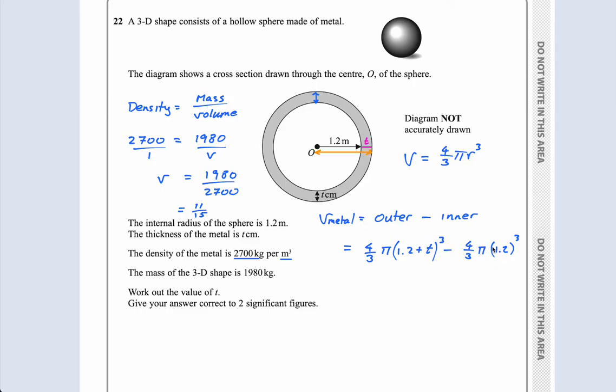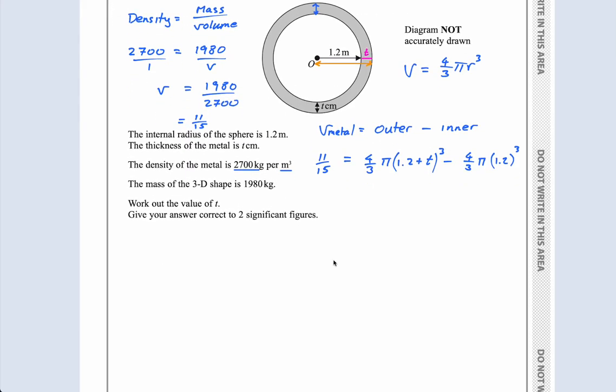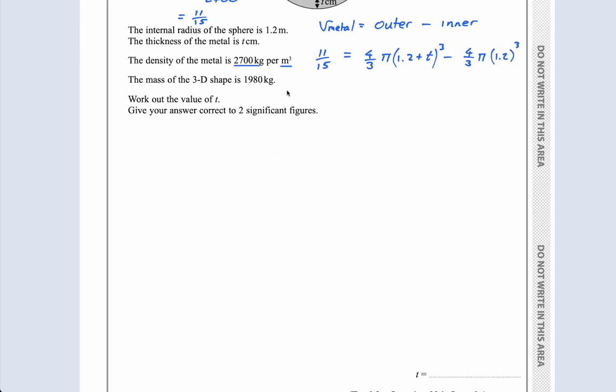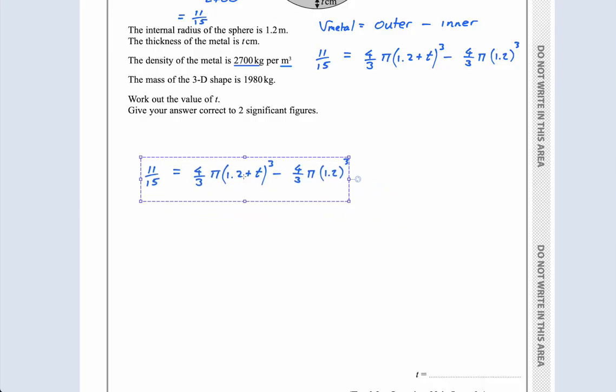So I'm gonna write this equals 11 over 15, like that. Okay, now I'm gonna bring this down to here, and I'm gonna work on this equation down here. Let's just copy and paste it. Now I have space.